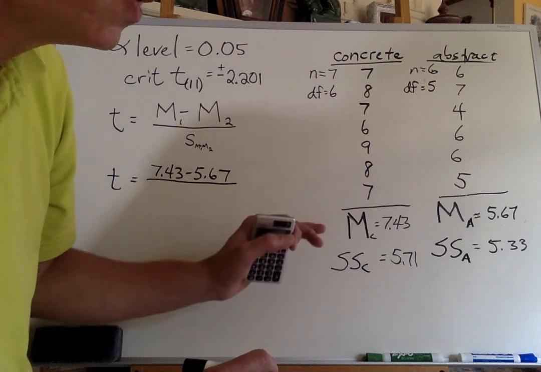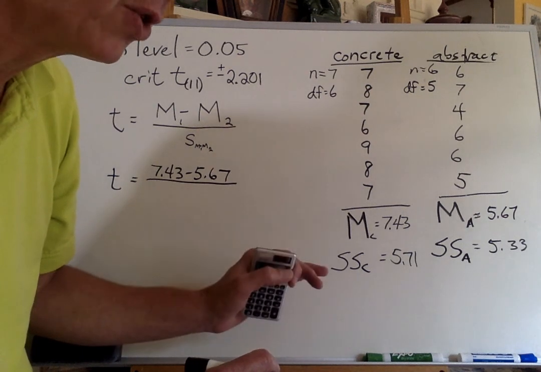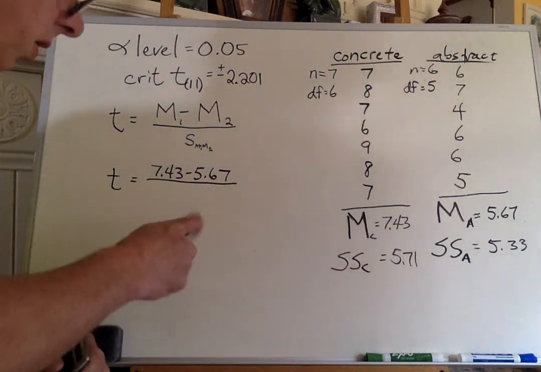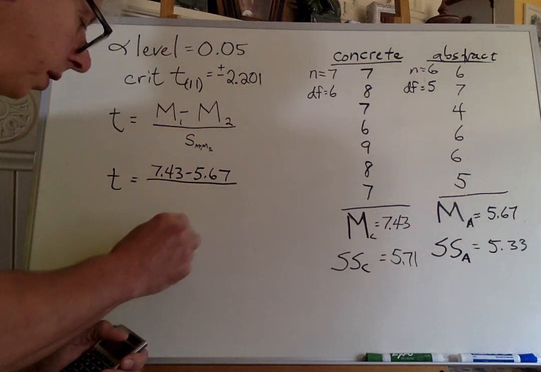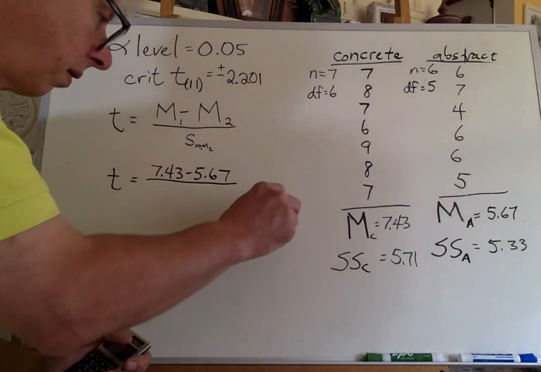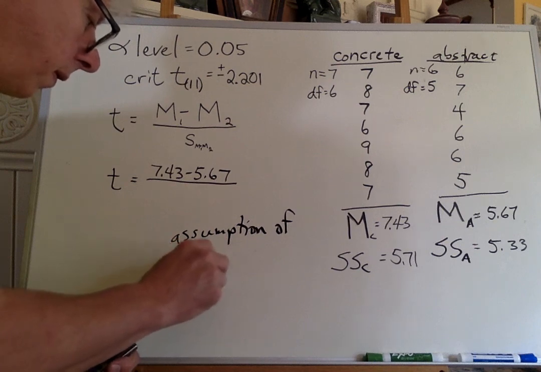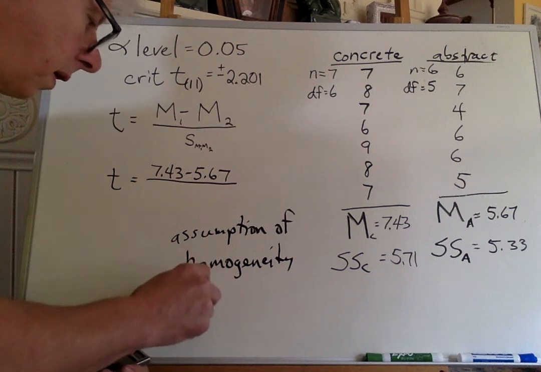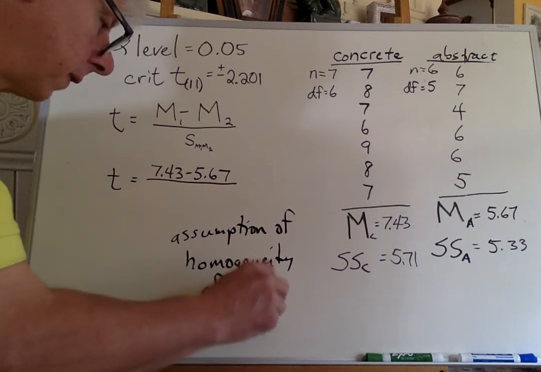And because we have that assumption, we also will then assume something called the assumption of homogeneity of variance.